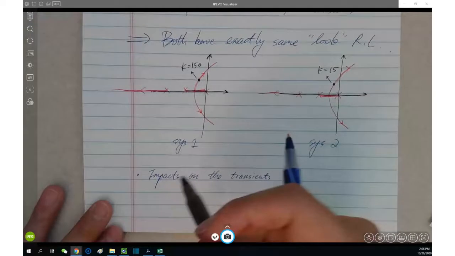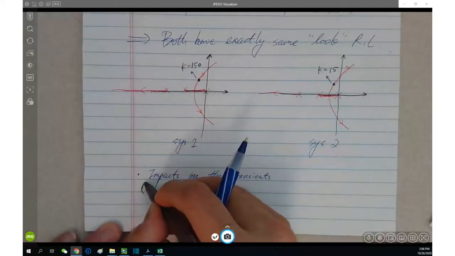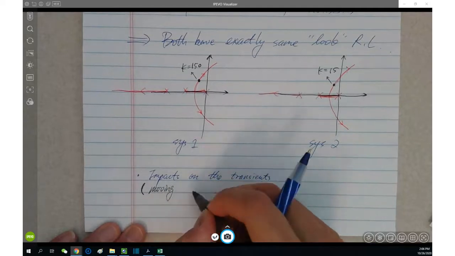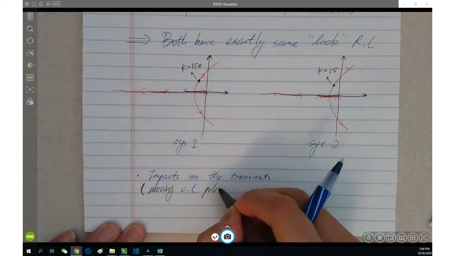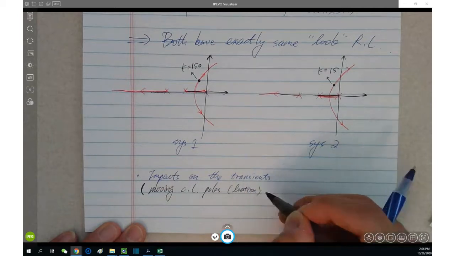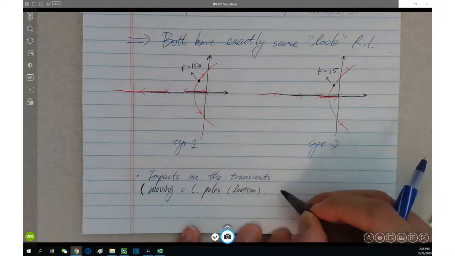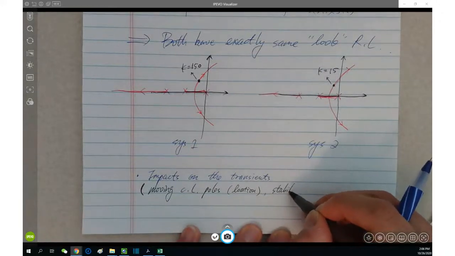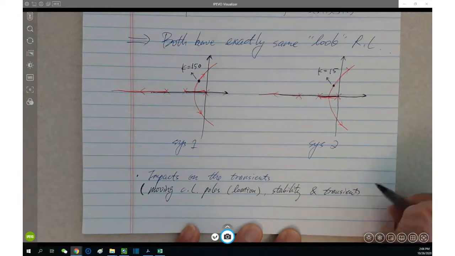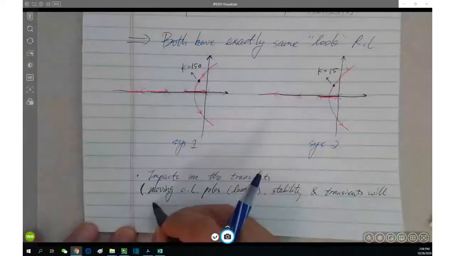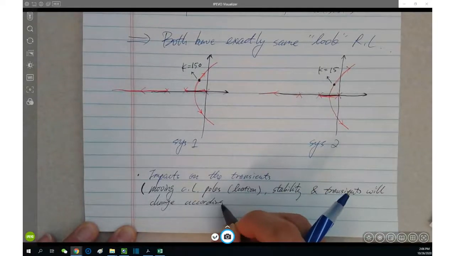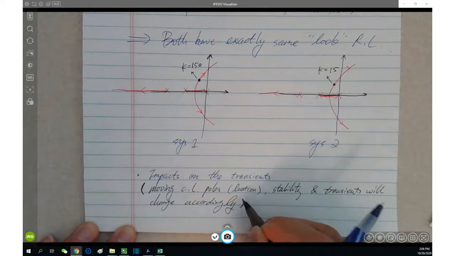Once again, repeating the conclusion we have had: moving the closed loop poles location in the S-plane, the stability and the transient will change accordingly. And this is the conclusion we have drawn.